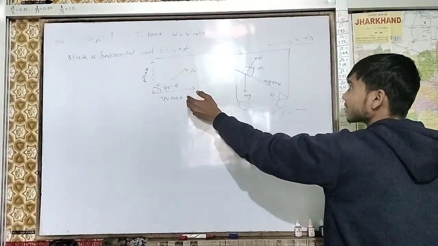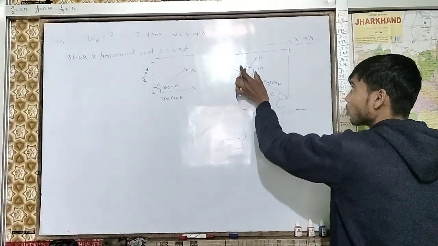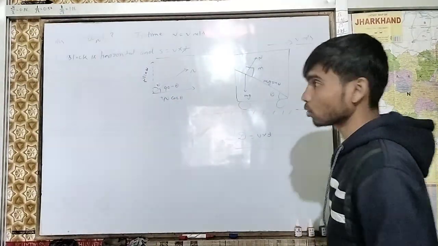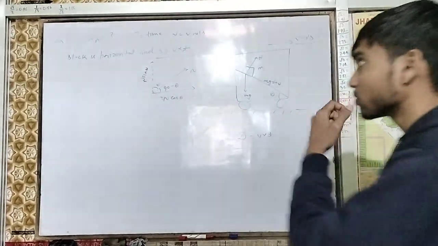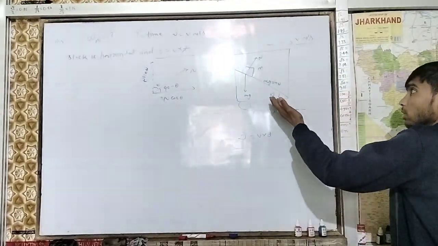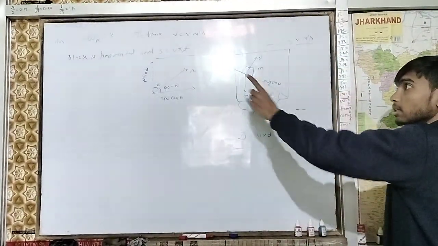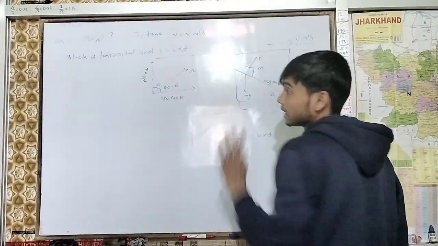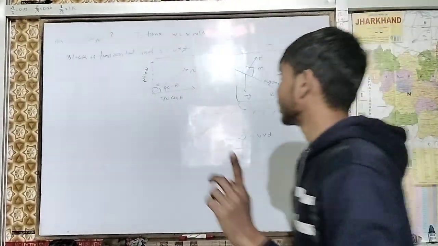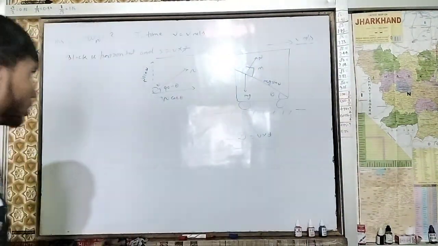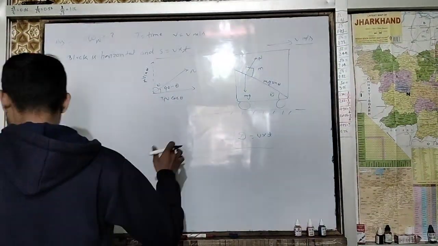Which component of the normal reaction is bringing this block in horizontal direction? Your answer will be N cos theta, not N sin theta. N sin theta is not bringing this block in horizontal direction, so you don't need to take it, because there is no work of N sin theta to bring the block in horizontal direction.